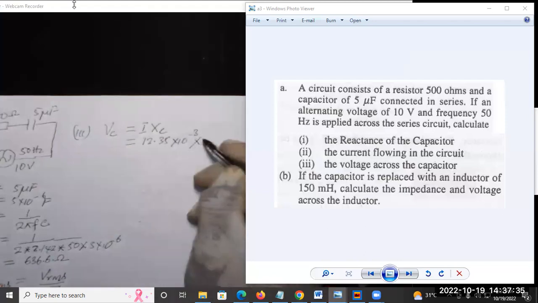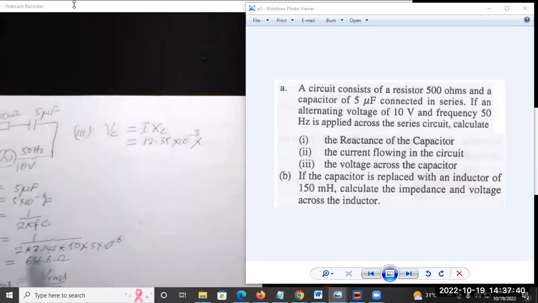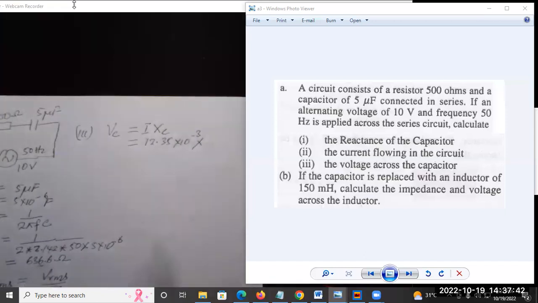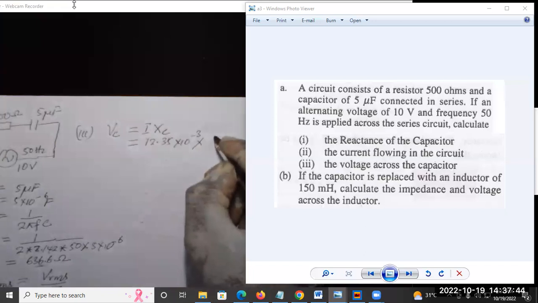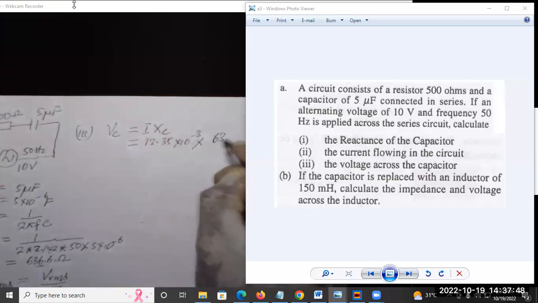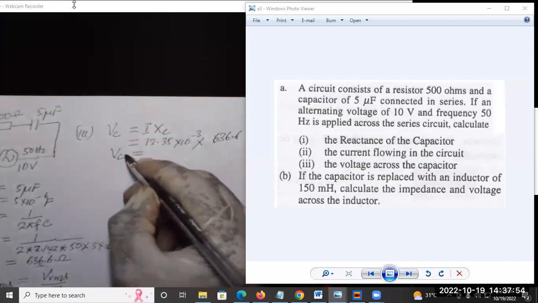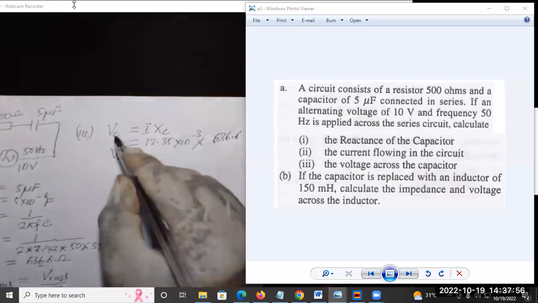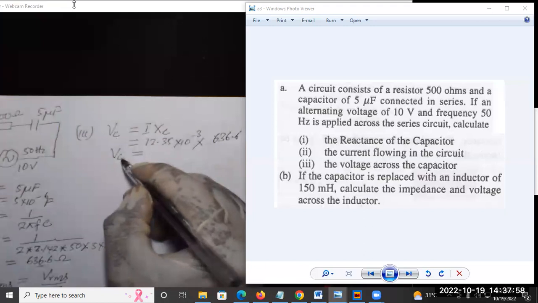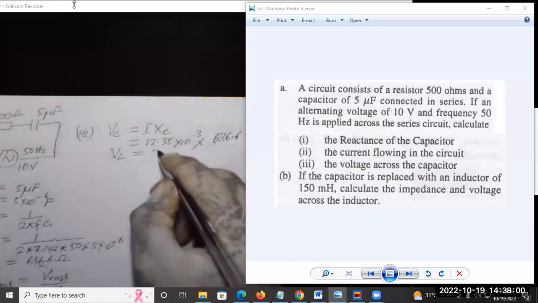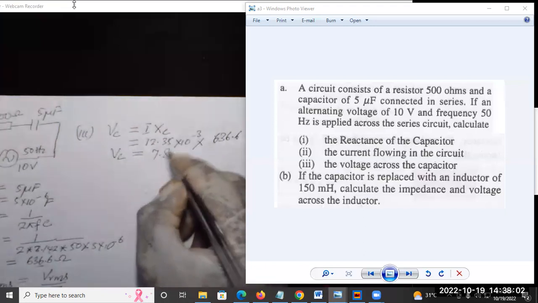Multiply with the value of the capacitive reactance, which we calculated, 636.6. Using a calculator, the voltage across the capacitor is approximately 7.86 volts.